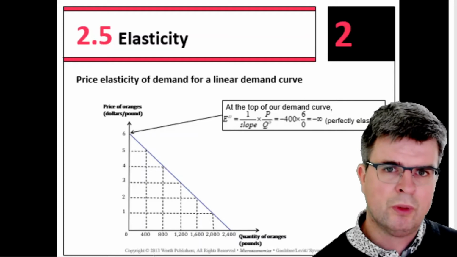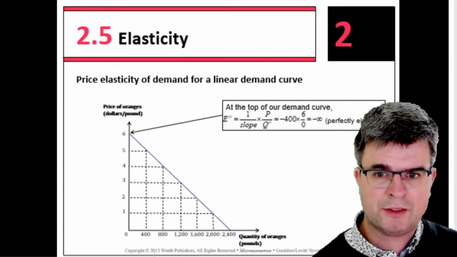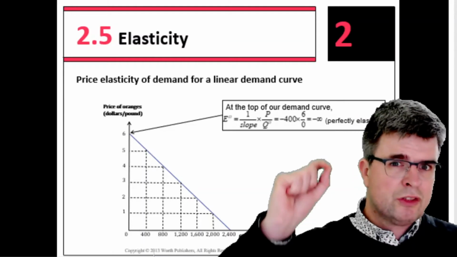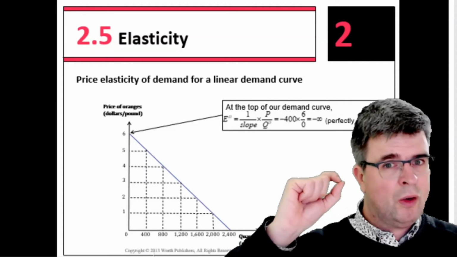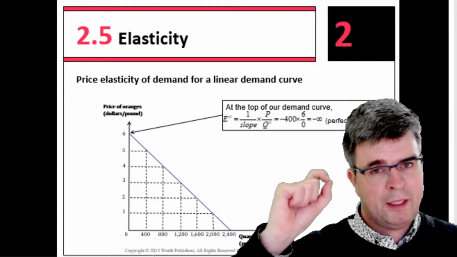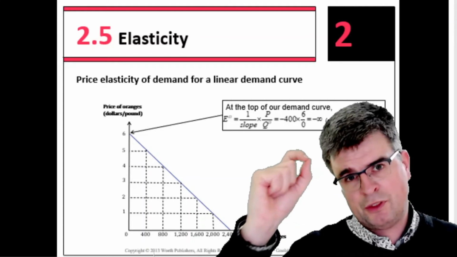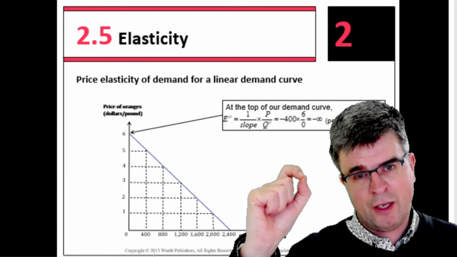Now, how to interpret this? Suppose that we start with a price of 6, then the quantity is 0. Now, if we slightly reduce the price, so we have a 1% drop in the price at this particular point, then the price will drop from 6 to $5.94.